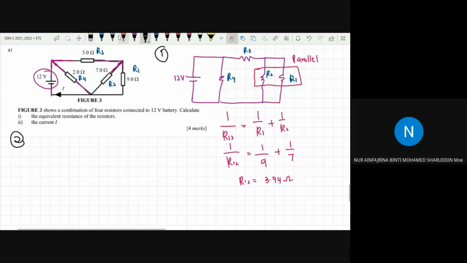Draw tak cantik-cantik pun tak apa. Tengok Miss draw tak cantik macam mana. Laju-laju je korang draw. So sini akan jadi R12, sini akan jadi R3, sini akan jadi R4. Okay, so Miss nak tanya, R12 dengan R3 ini series ke parallel?